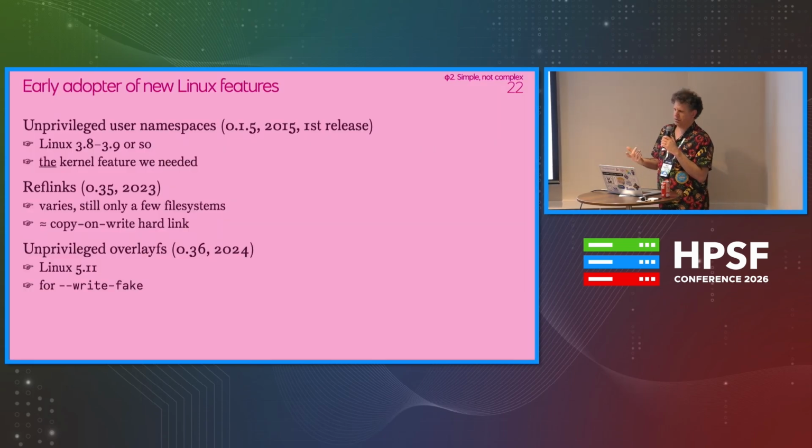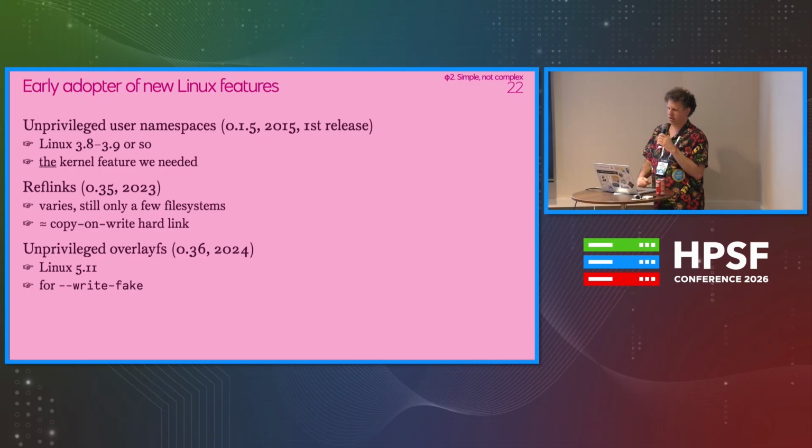We also try to lean forward on Linux features. Some examples of that: unprivileged user namespaces itself. When we did it, this was quite new, and we actually had to argue fairly extensively that it was a reasonable and safe thing to do. Nowadays they're more routine, but we were doing this in 2015.